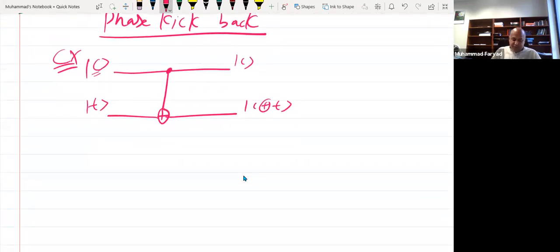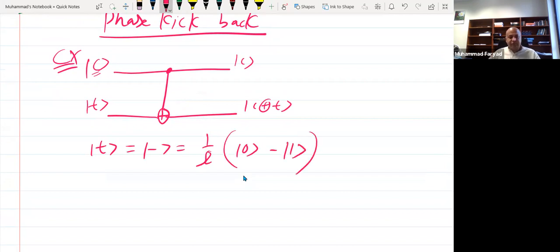If you prepare your target state in this minus state, and minus state is just an abbreviation for this thing, let's see what happens if the target is set in this minus state. So if control is 0, then the X gate will not be applied to the target because target remains as it is.